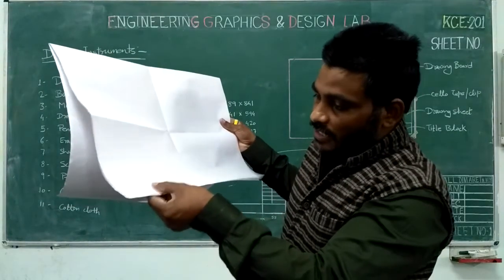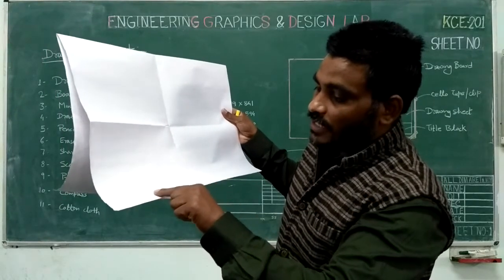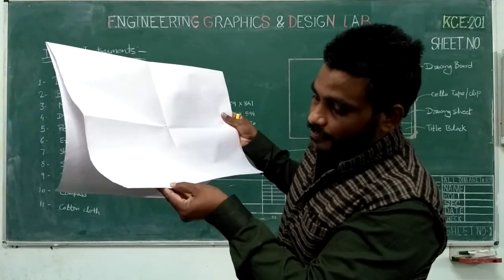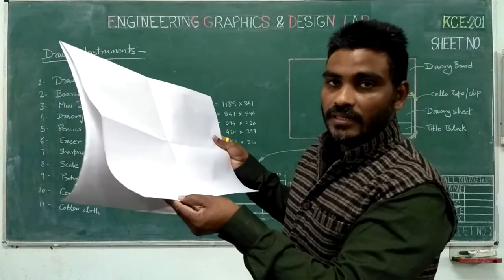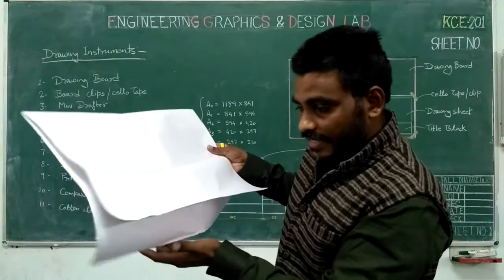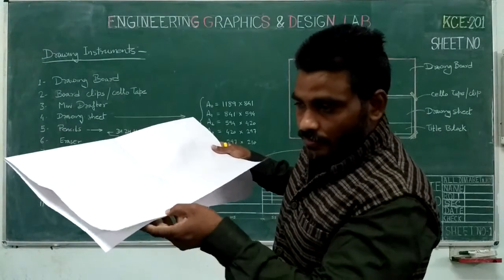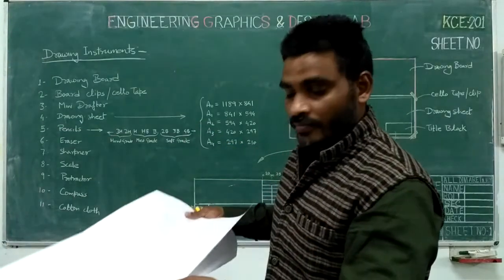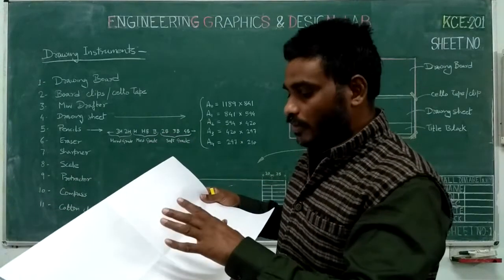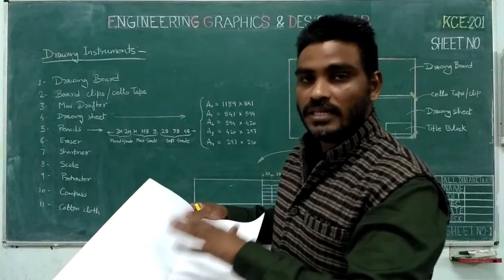Suppose I am touching it, this upper surface is very smooth and the downward surface is comparatively rough. The smooth surface will come upward, and the rough surface will go down. We will perform our drawing operation on the smooth surface.